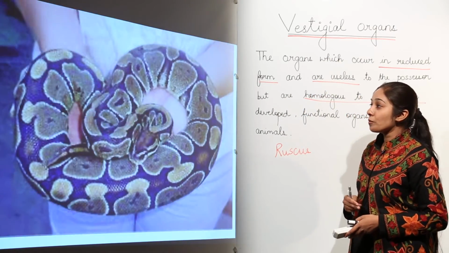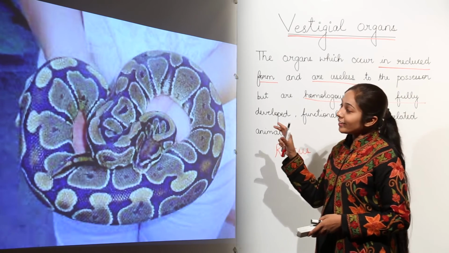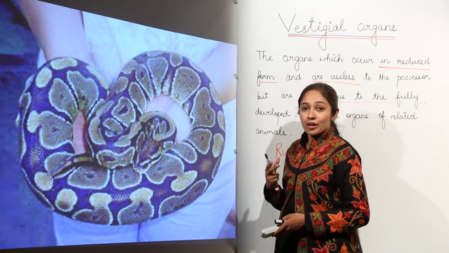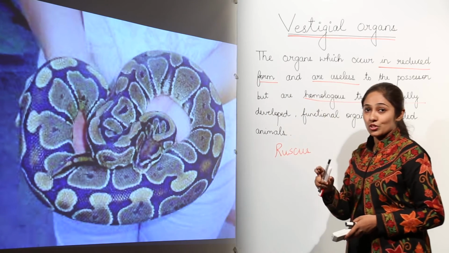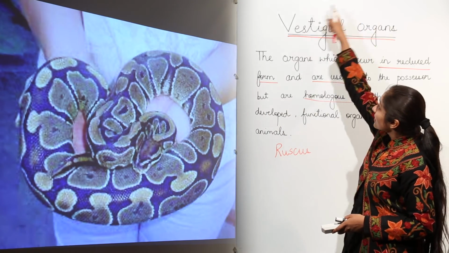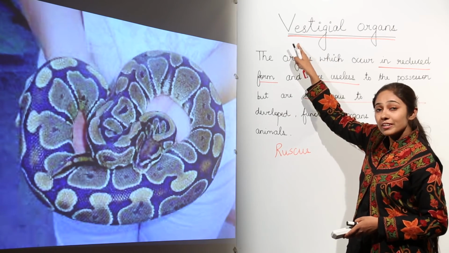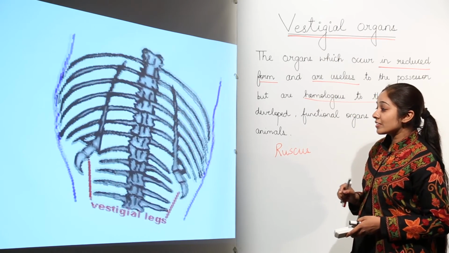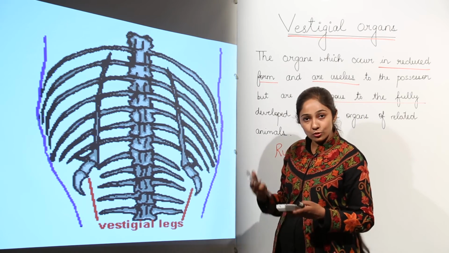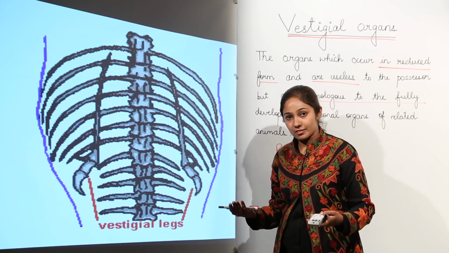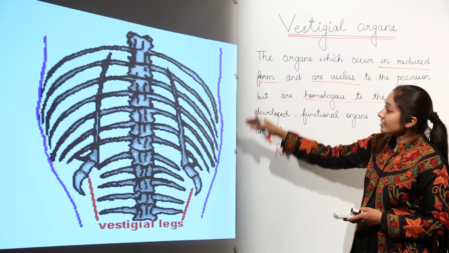Next we move on to the python. It's a very amazing snake. How? Because the python also contributes its organs as vestigial organs. Why? Because pythons also have some vestigial legs. See these vestigial legs, they are highly reduced because now they are functionless. So what does this convey?